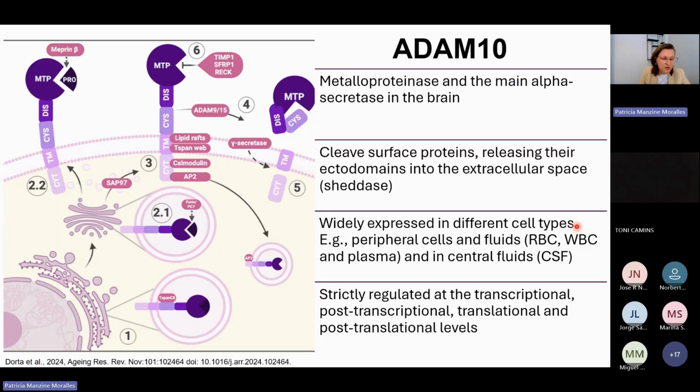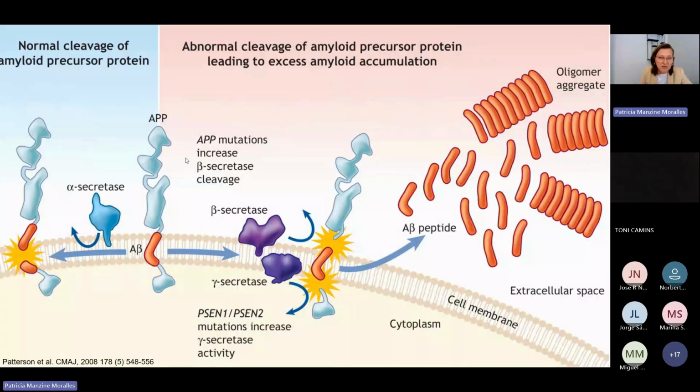Looking at the field of Alzheimer's disease, ADAM10 is highlighted as the most important alpha secretase in neurons. It acts like a secretase that can cleave the APP protein by the non-amyloidogenic pathway, preventing the beta formation. As we know, the opposite way, the amyloidogenic pathway, is processed by BACE1, that's a beta secretase, that also cleaves the APP in specific sites, forming the beta peptides, which can be accumulated and are known as one of the pathological signatures of Alzheimer's disease.